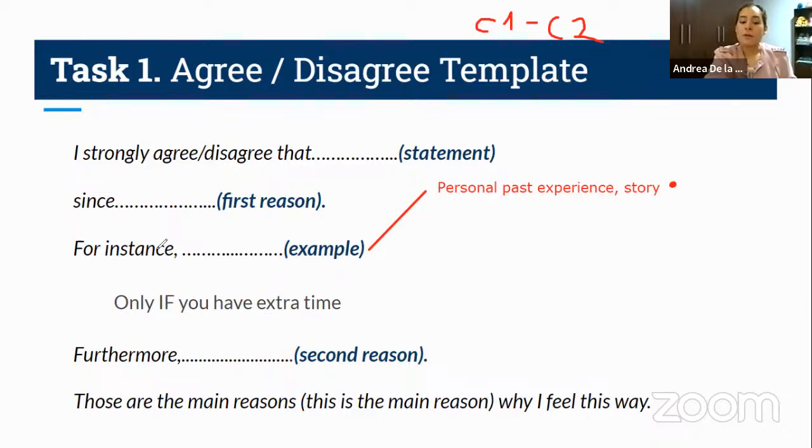So look at the grammar that I used. I was using more than just one tense. I said, during the COVID-19 pandemic, my university was offering. That's past continuous. I took these classes, simple past. I used to get distracted really easily. That's another structure. I could even use a third conditional. I could say, if I had taken these classes in the traditional way, I probably would have passed.